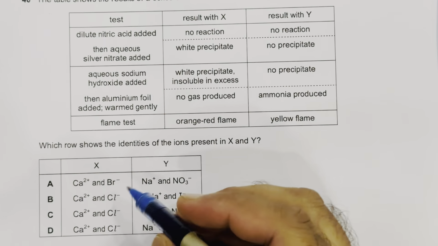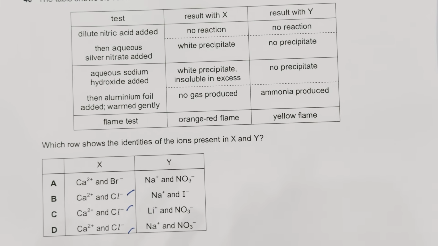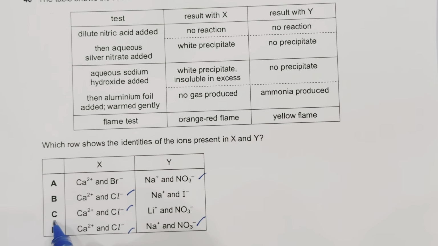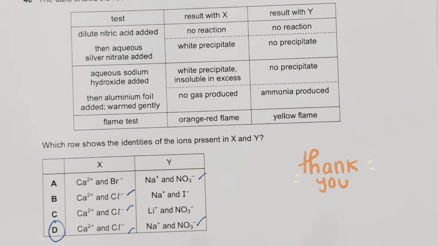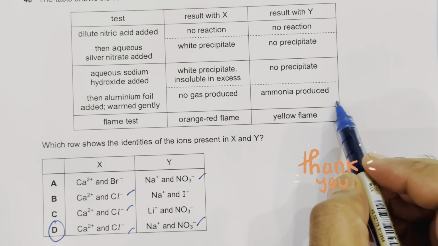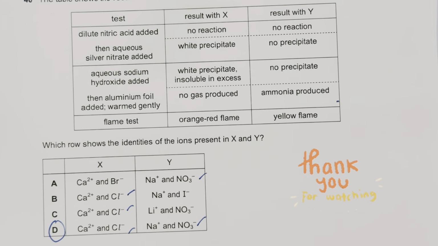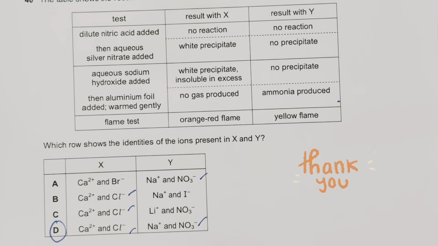So options B, C and D are correct. It will also produce sodium and nitrate ions for Y. So option D is carrying all those, because ammonium is produced and we know that, and yellow flame. So all the other options are wrong and only option D is the correct option.